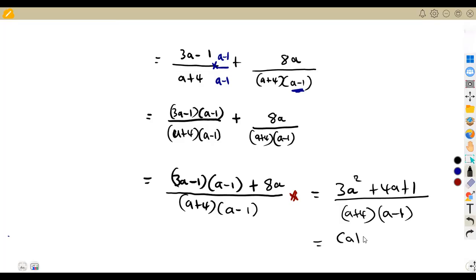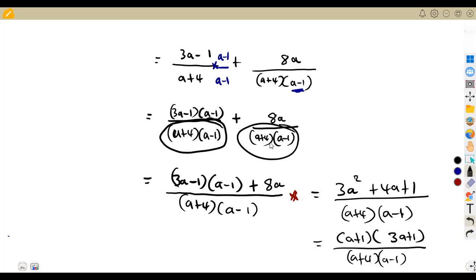But what I wanted you to see is that we can add this part here, avoiding dividing the LCD by the denominator and then multiplying whatever you get. You can avoid that by just making your denominators the same.